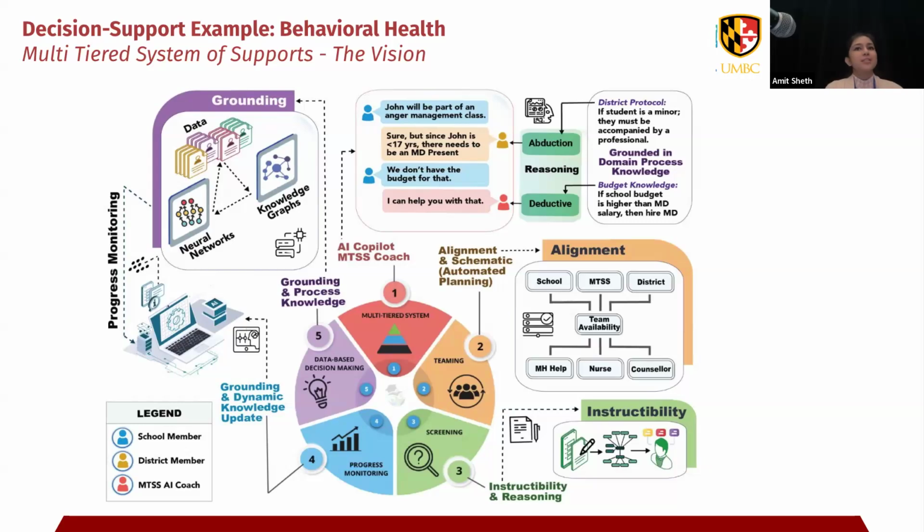So when we were discussing during the inception of this entire project, when I was talking to my collaborators at the SBHA, I asked her what is the biggest problem with implementing MTSS without an AI or without these kinds of solutions. She said, people don't know what they don't know, right? So how will you make better decisions?